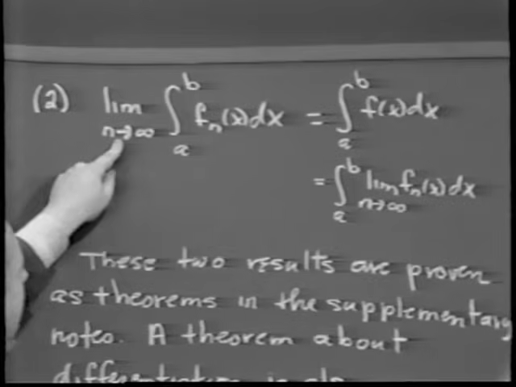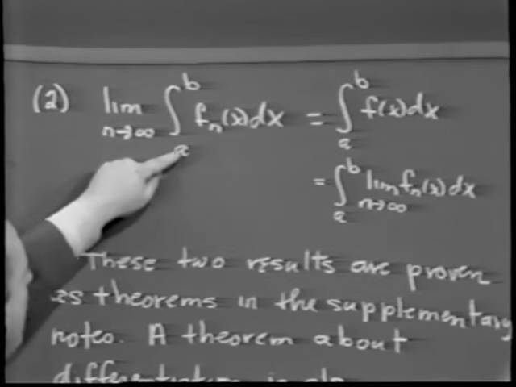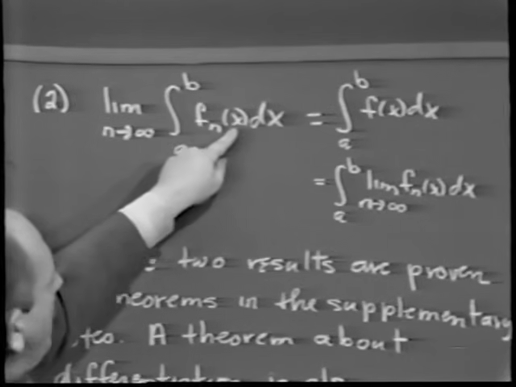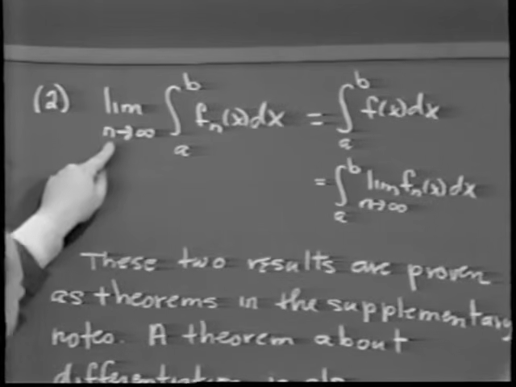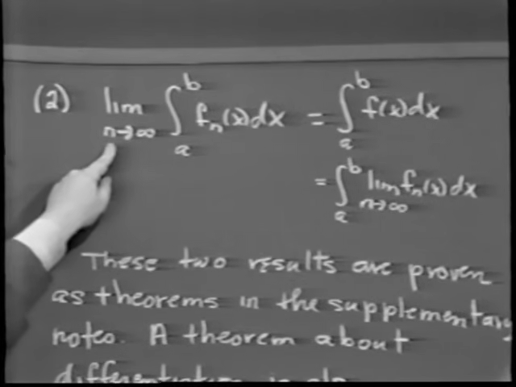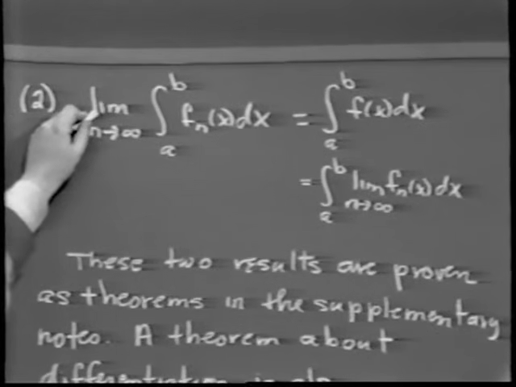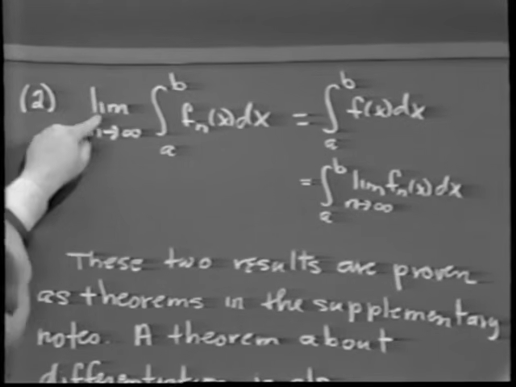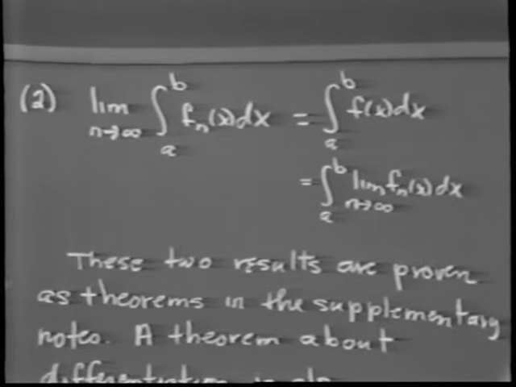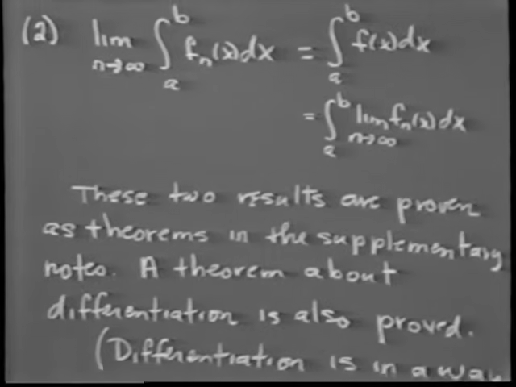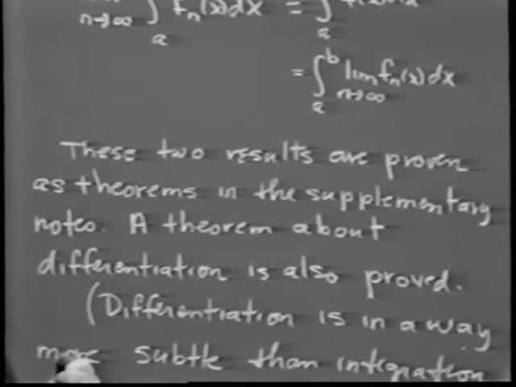What you can do instead is compute the integral of the nth member of your sequence and then take the limit as n goes to infinity. In other words, if you have uniform convergence, you can take the limit inside the integral sign. Again, these results are proven in our supplementary notes.